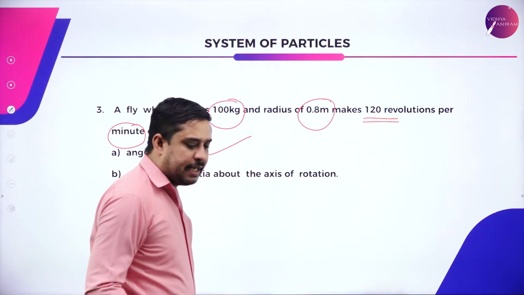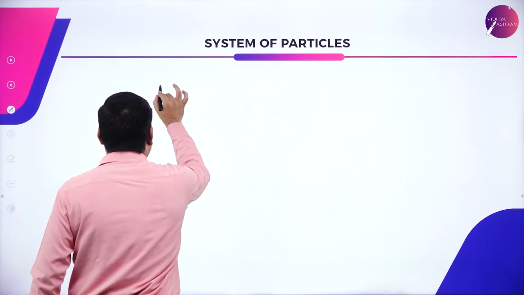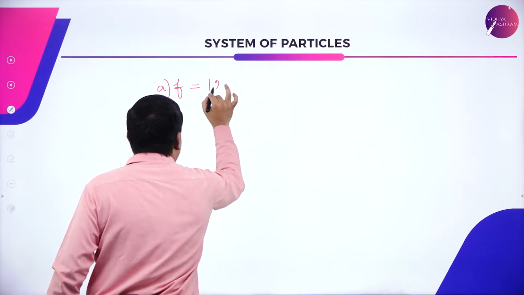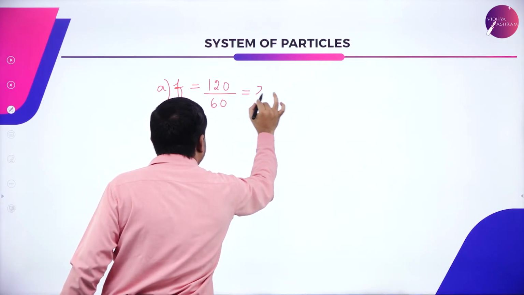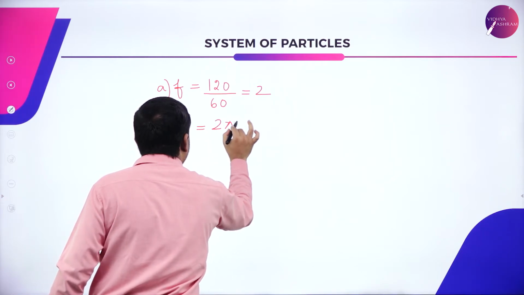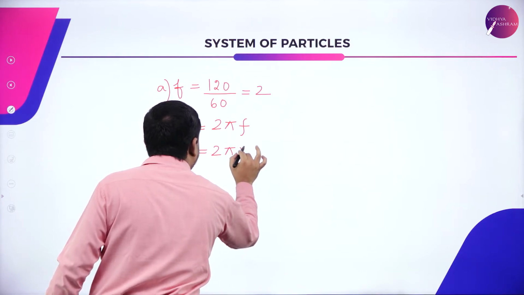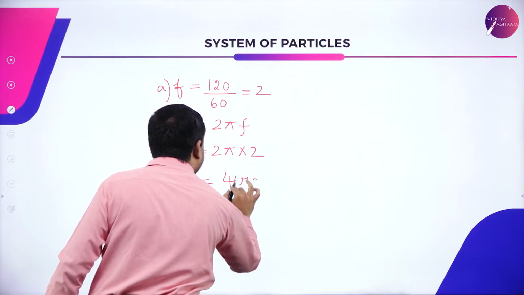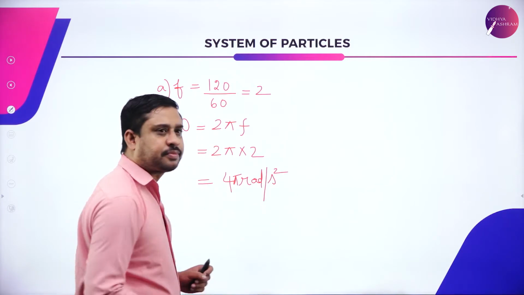First, again, angular velocity. Now again, f is 120 divided by 60, which is 2. Omega is 2 pi f, 2 pi into 2, which is 4 pi radian per second.